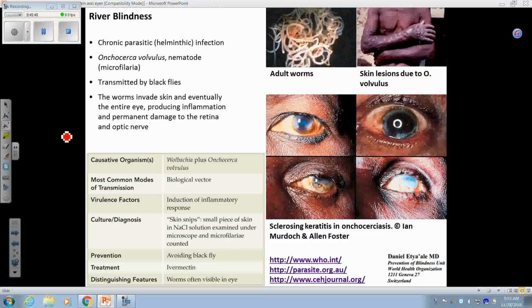So we stopped using it, and immediately the vector-transmitted diseases started to spread. And it can be used now, just in a different fashion. You can use DDT, for example, by spraying or applying it to the window sills, window frames.